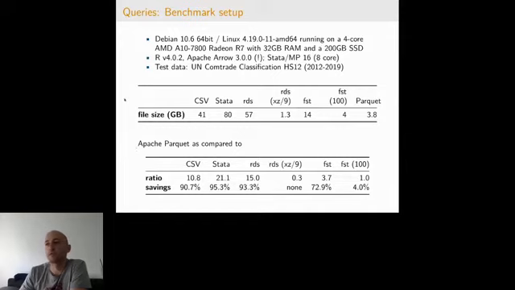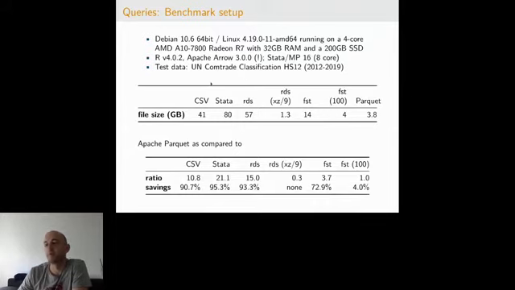So we did this on a Debian server. We used a relatively recent R version, but the tests we did were a year ago, with Apache Arrow version 3. Right now it's 8, so we only expect Parquet and Arrow to do better now.